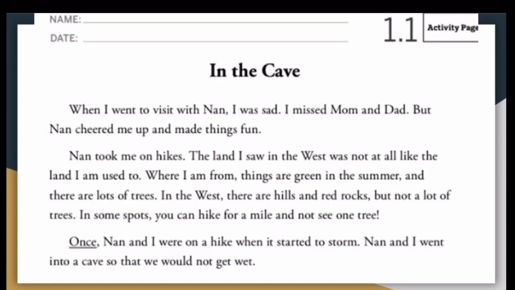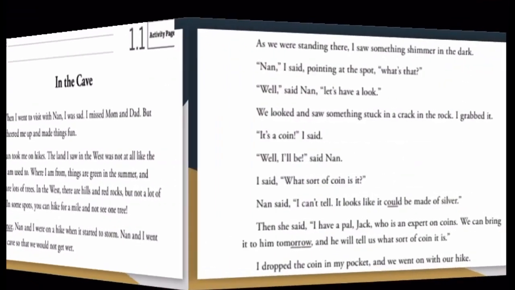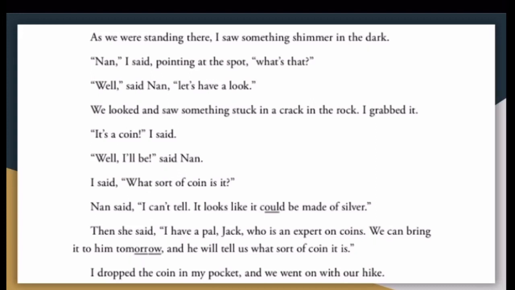Once, Nan and I were on a hike when it started to storm. Nan and I went into a cave so that we would not get wet. As we were standing there, I saw something shimmer in the dark. Nan, I said, pointing at the spot. What's that? Well, said Nan, let's have a look. We looked and saw something stuck in a crack in the rock.